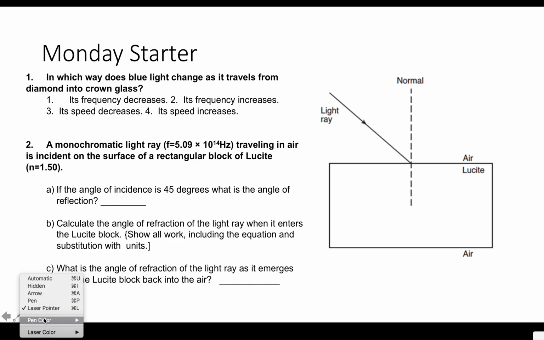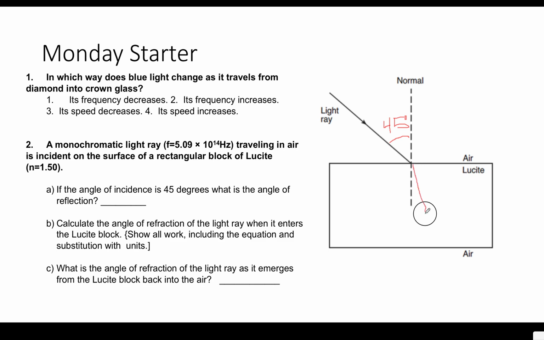Well, first thing we want to do is remember that angles are measured from the normal. So this is your 45 degrees. It's really hard to draw this on the trackpad, I apologize. We're looking for some line that is going to be closer to the normal. Right here. And again, it's more dense, so we would expect it to be closer.